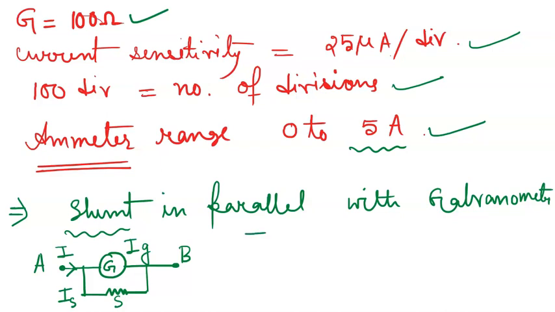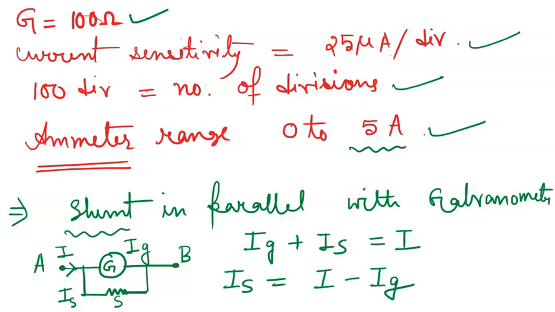So we can say Ig plus Is is equal to the total current I, the source current, or we can also say the shunt current is equal to I minus Ig. Now we have to find the value of the shunt. The galvanometer resistance is given, and the current sensitivity is given, so Ig can be found. How to find Ig?